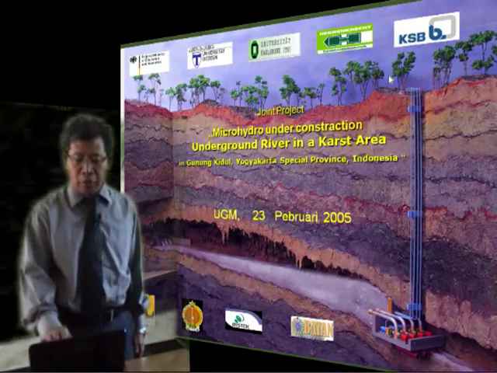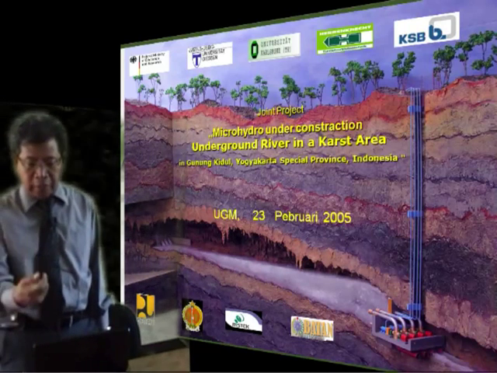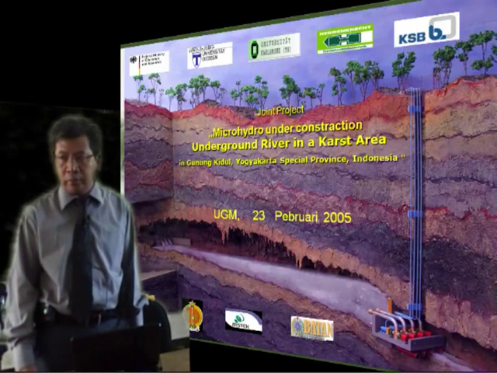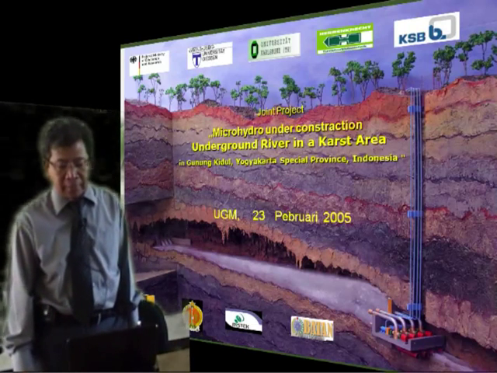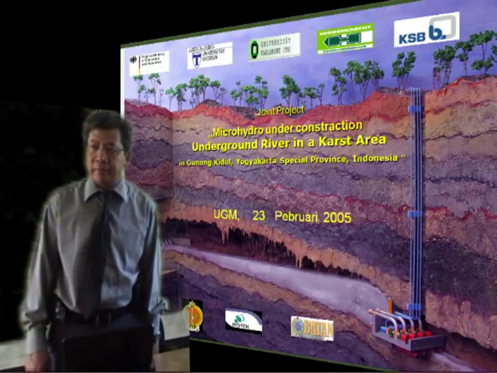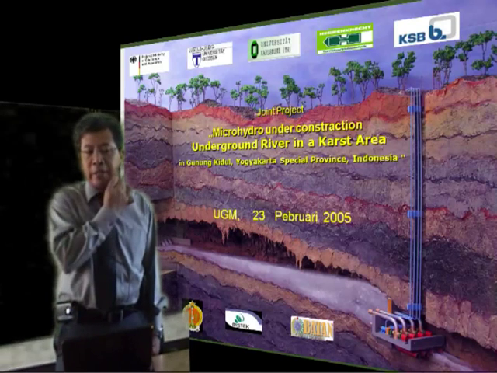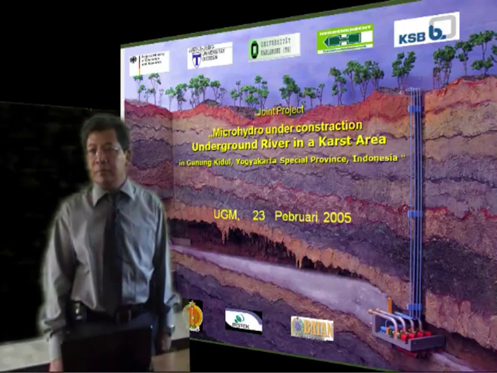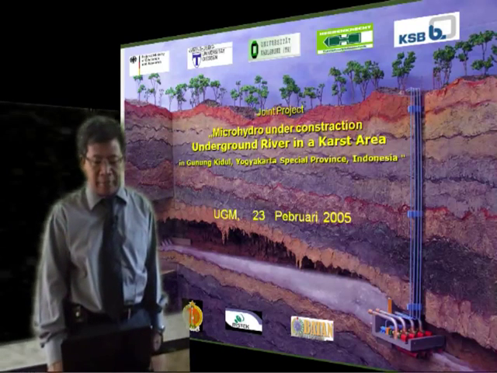So this microhydro can actually produce 200 until 300 kilowatt of electricity, but right now we use it for pumping, and we can pump 80 liters per second. 80 liters per second can be used for 80,000 people around that point. You can read it.